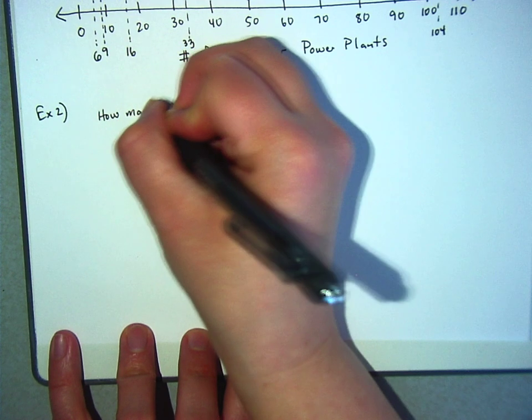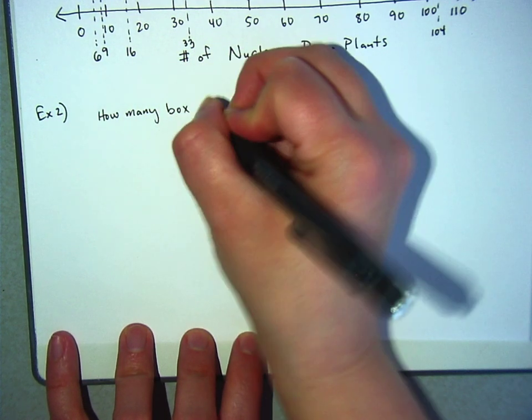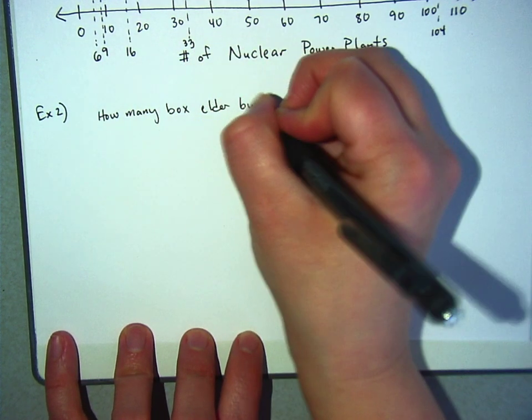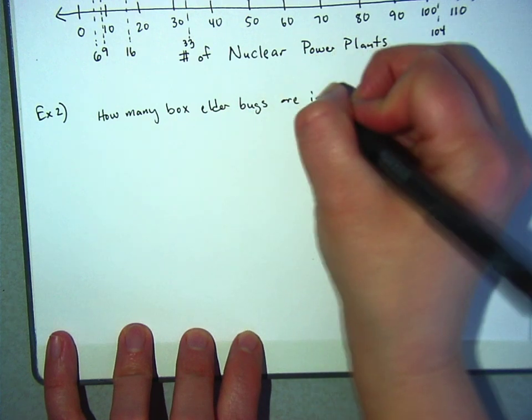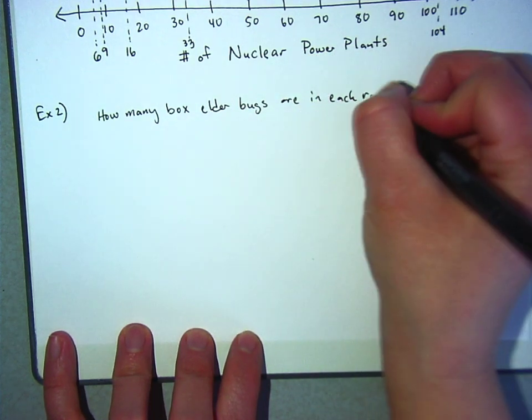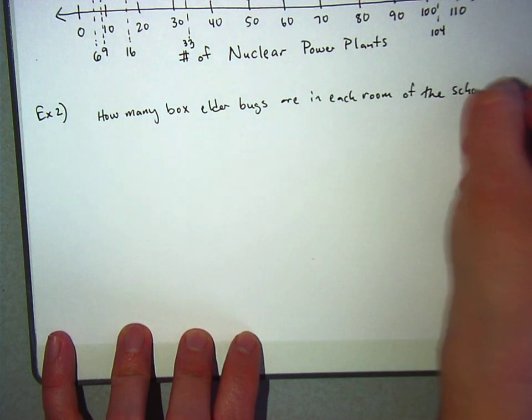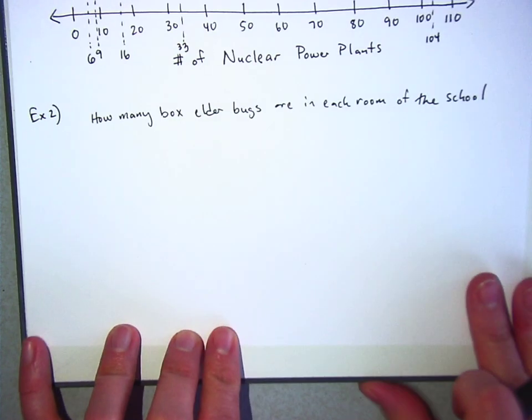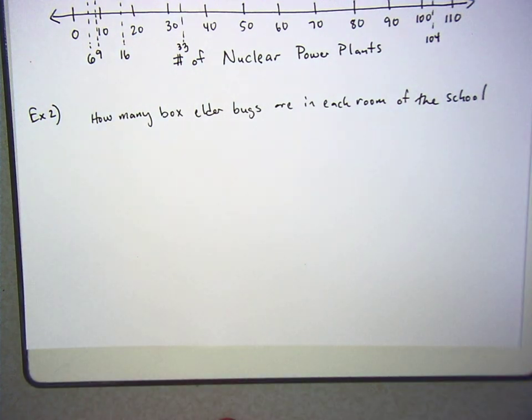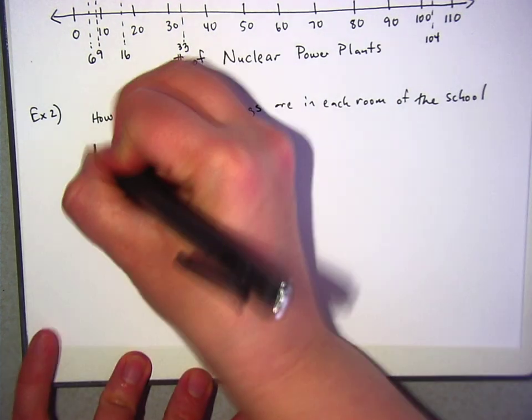how many box elder bugs are in each room of the school? Okay, in my room right now, I'm going to guess that there's 1 sneaking around.